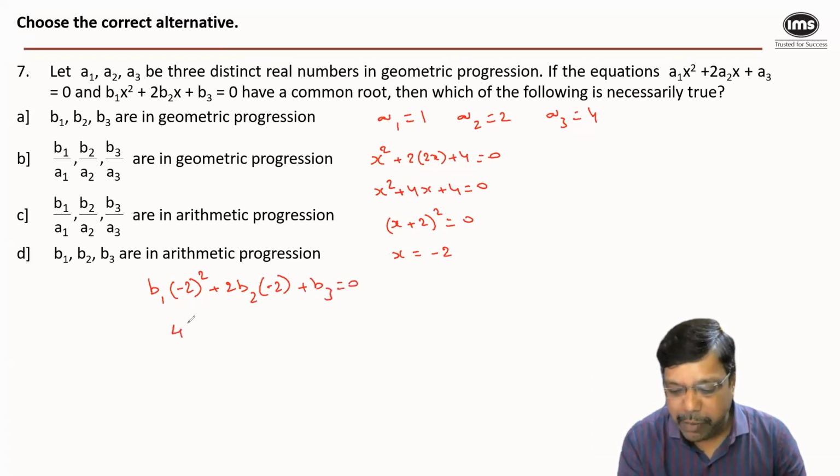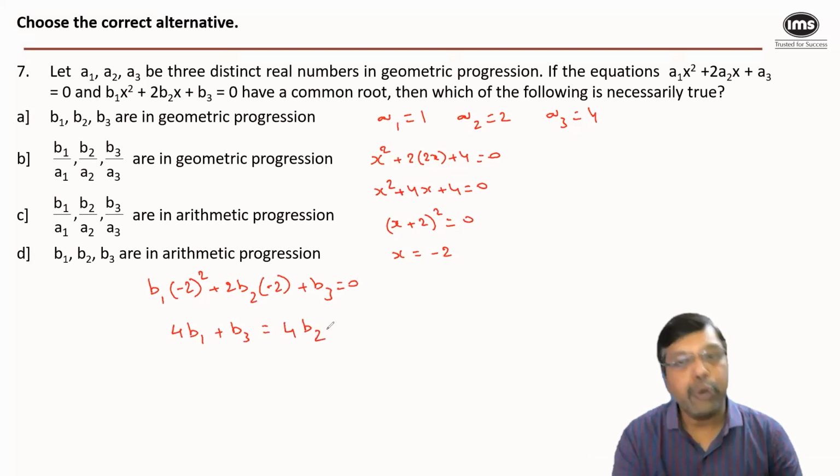Now, I will be able to write it as 4b1 plus b3 is equal to 4b2.